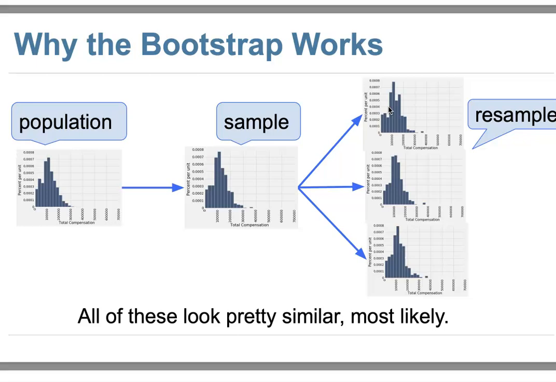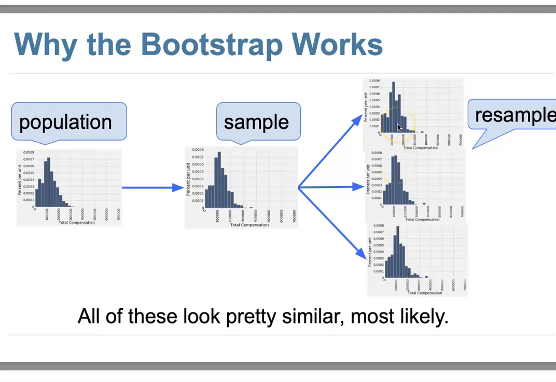That's what makes the resamples random draws. We also know the distribution of the resample will be pretty similar to our original sample, and the original sample distribution will be similar to the population. So we can have as many resamples as we want.